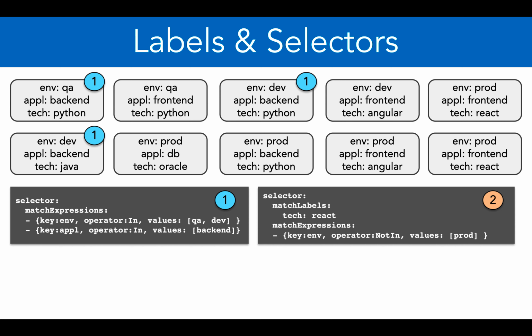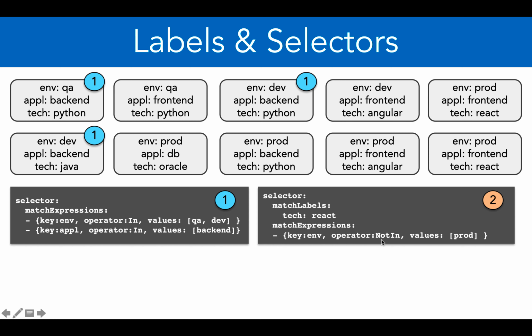So let's try to analyze this selector. In the first case, the matchLabels say tech should be react. So in this case, we have only these 2 pods, this one and this one. None of the other pods has tech with a value of react. So out of these 2 pods, let's see whether we can filter with the matchExpressions. It says key env not in values prod.